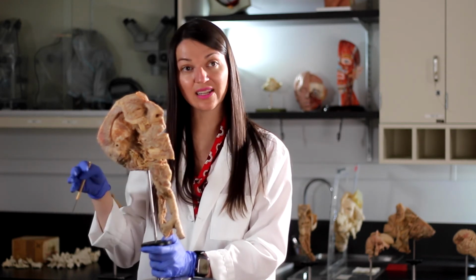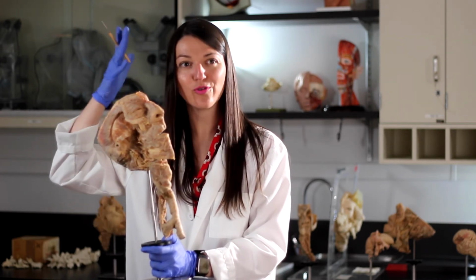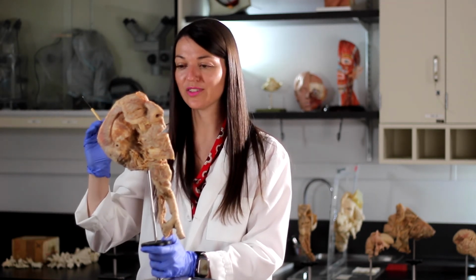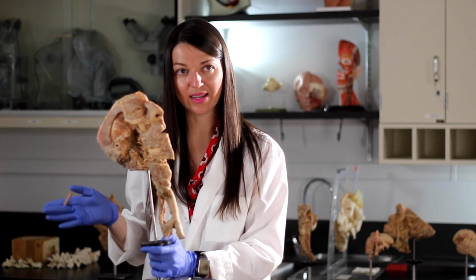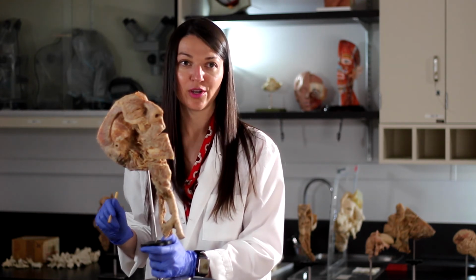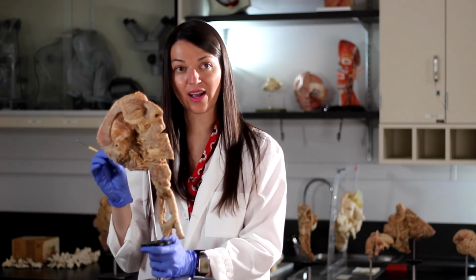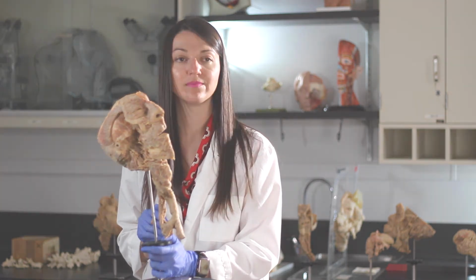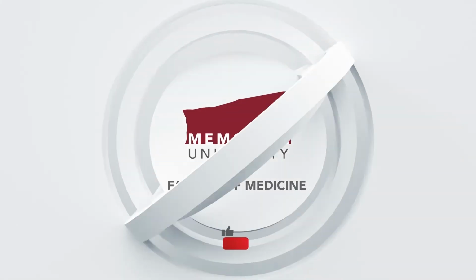L represents a loose connective tissue. You know how you can move your scalp on your skull? That's due to the loose connective tissue. And then lastly, the P is for periosteum, which is a thin, vascularized soft tissue layer associated with the outer cortex of your bones.